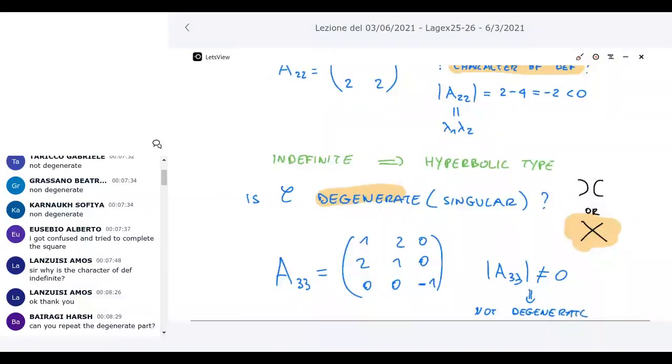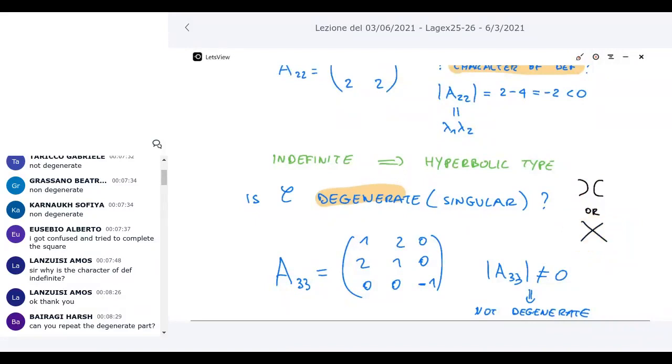So it means that in some system of reference, in some system of coordinates, sorry, you will have this kind of shape. Sorry, I'm doing the stupid thing, it is non-degenerate. You will have this kind of shape, okay? So it is not degenerate.